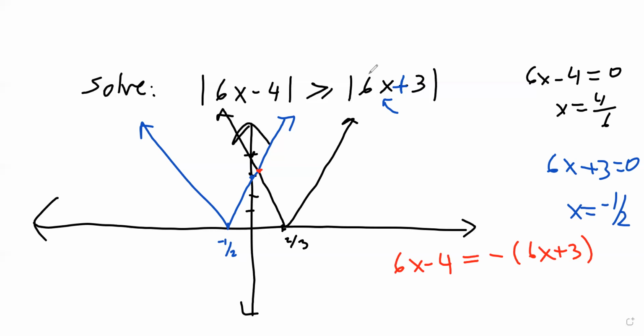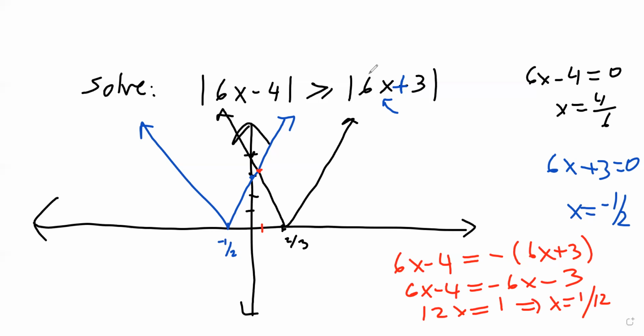So I need to change the sign of the black graph to negative. So 6x minus 4 equals negative 6x minus 3, then add 6x to both sides. So this will be 12x equals, add 4 to both sides, positive 1. So x equals 1 over 12. This point right here is 1 over 12.